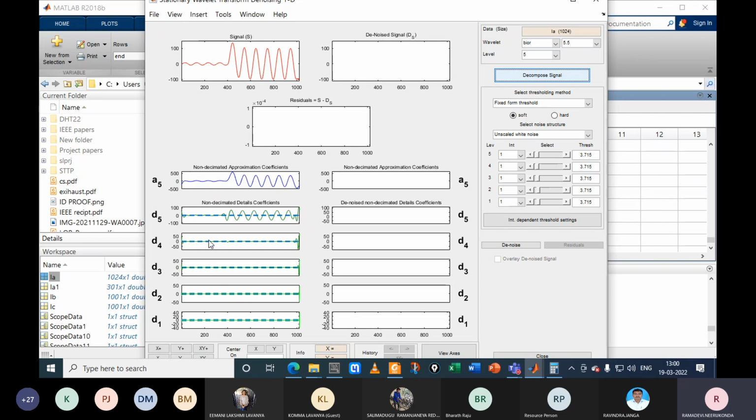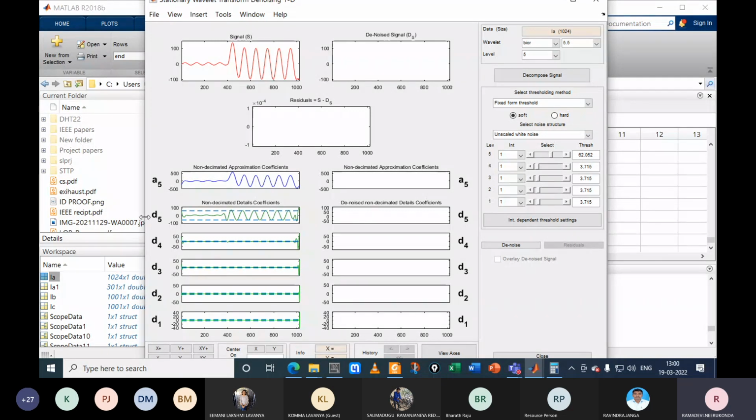If noise is present, we require the noise in the detail levels to be eliminated, making use of the information we incorporated in the system. So these are the thresholds. So we select non-white noise, unscaled white noise. Like that, you can change your noise levels also.